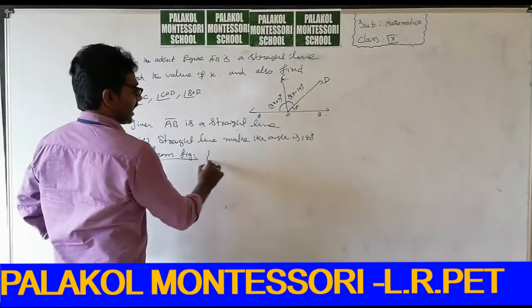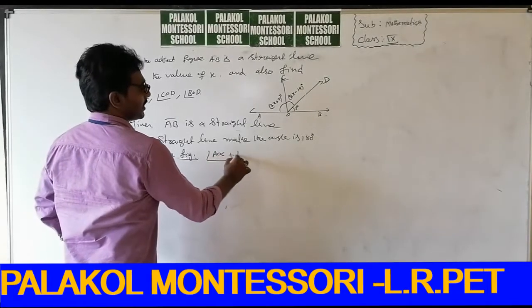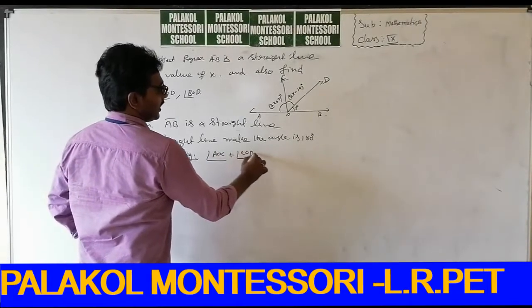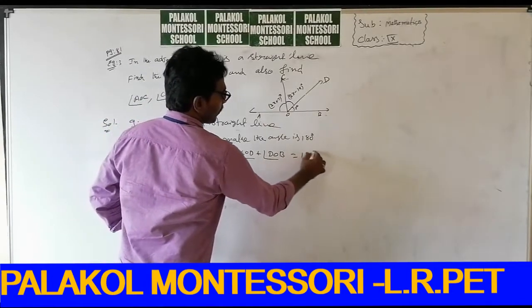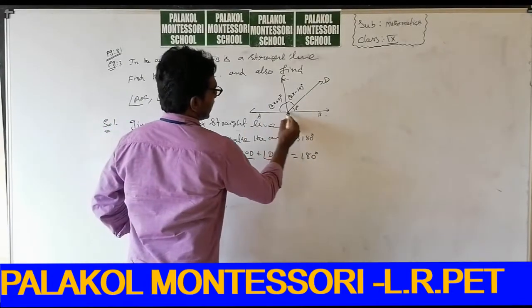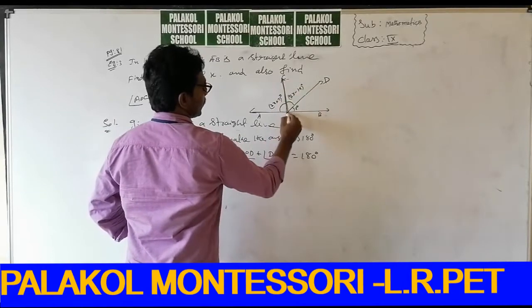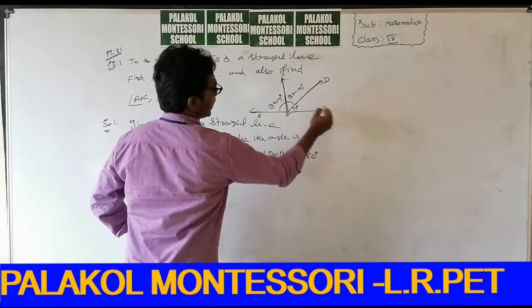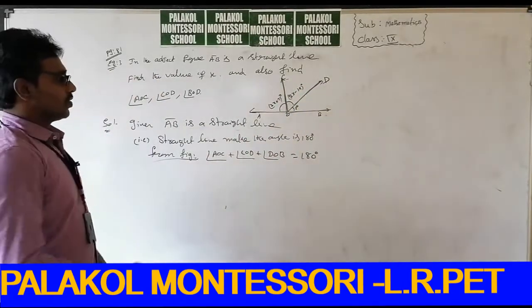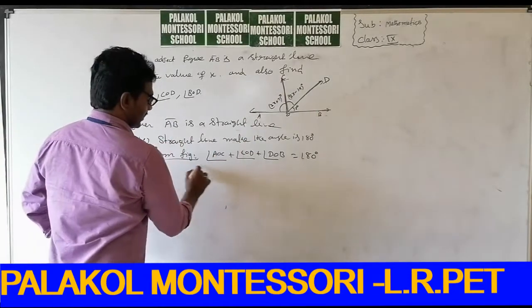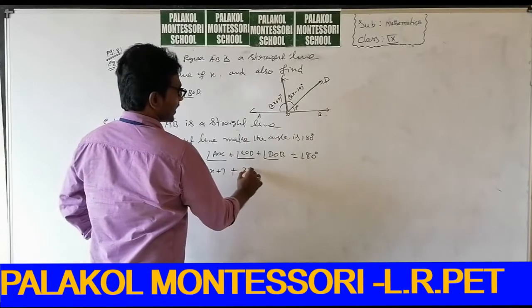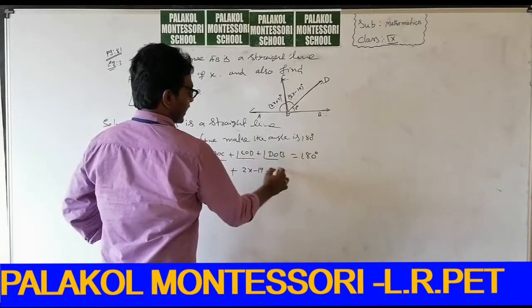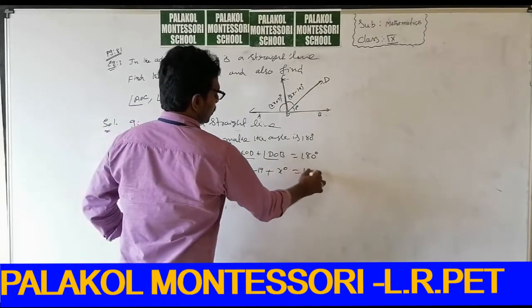So angle AOC plus angle COD plus angle DOB is equal to 180. From the figure, this angle 3x plus 7, this angle 2x minus 19, this angle x degrees is equal to 180.